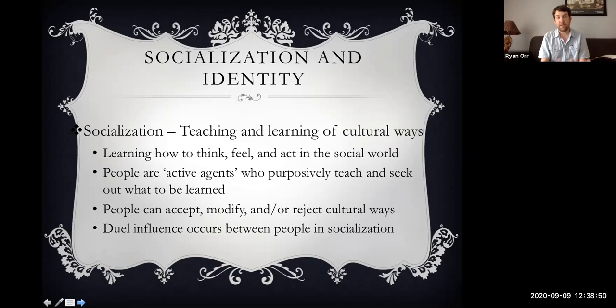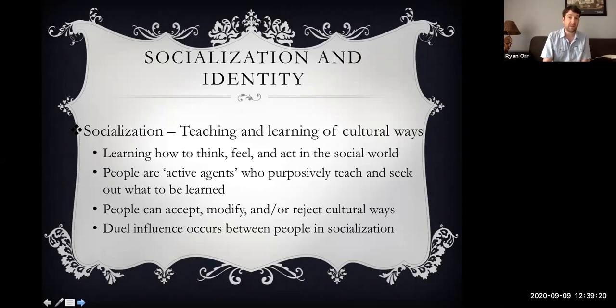So, a lot of different theories focus on socialization and culture, but a lot of them just assume it goes on automatically. We just get exposed to culture repeatedly, and we make that culture part of our social cognitive makeup. In SI, we believe that people are active agents. You can intentionally seek out information if you want to find out more about something.